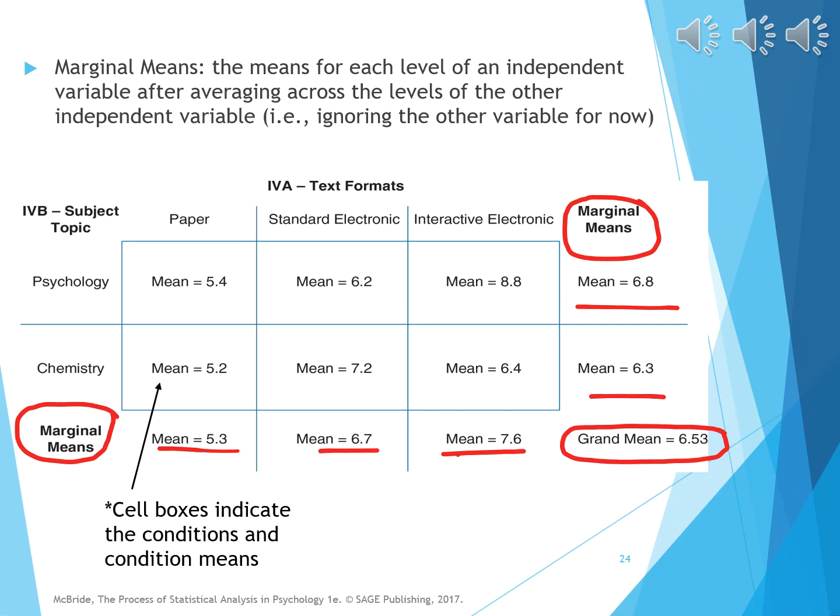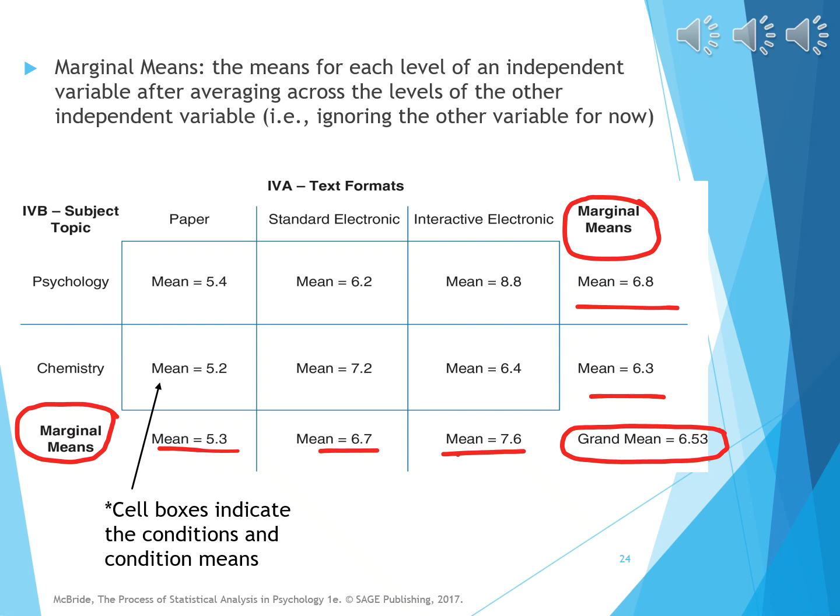If I wanted the main effect for textbook format, I take the paper version and average the psychology and chemistry means to get a marginal mean of 5.3. For the standard electronic marginal mean, I average 6.2 and 7.2 from psychology and chemistry to make 6.7. And I do the same thing for interactive electronic.